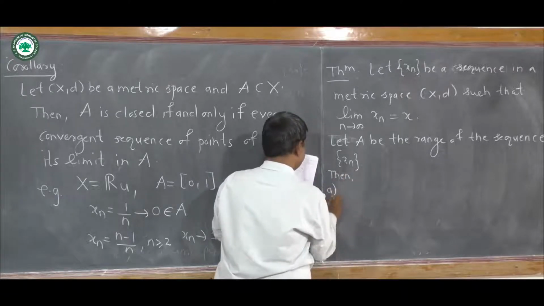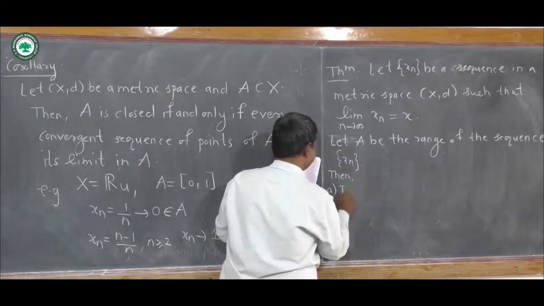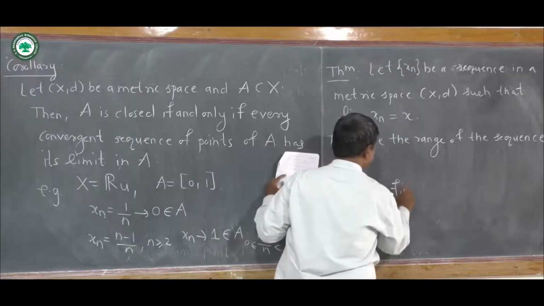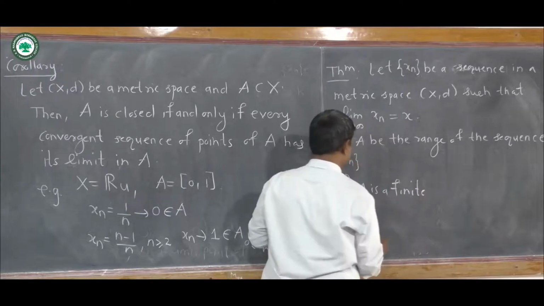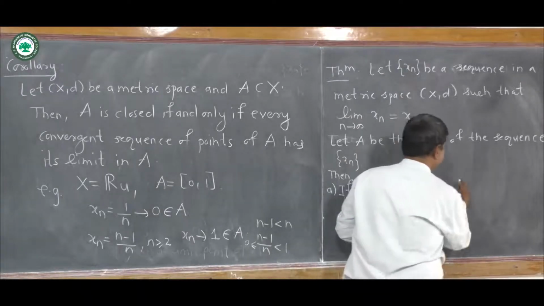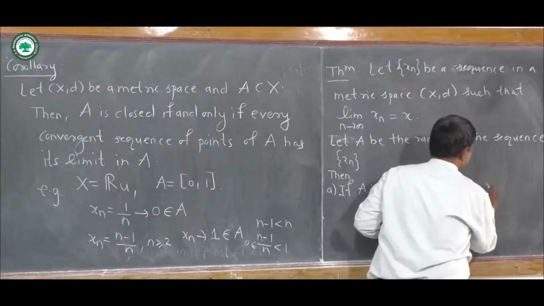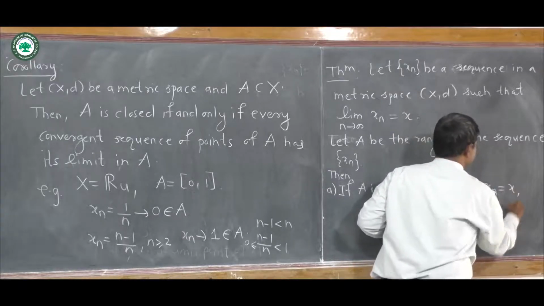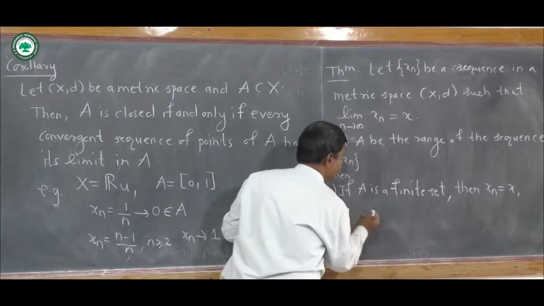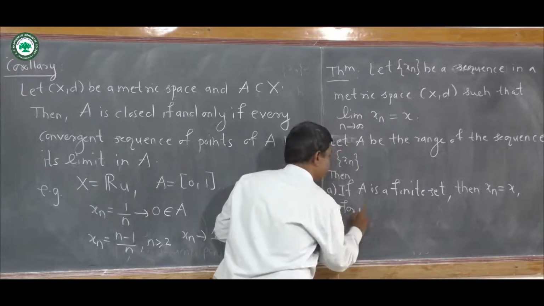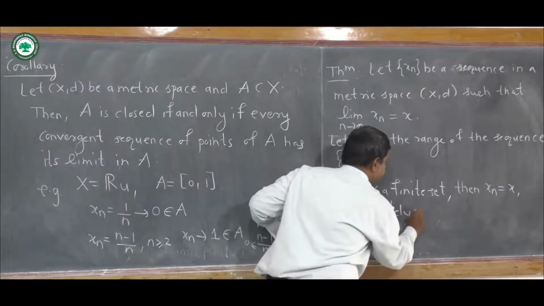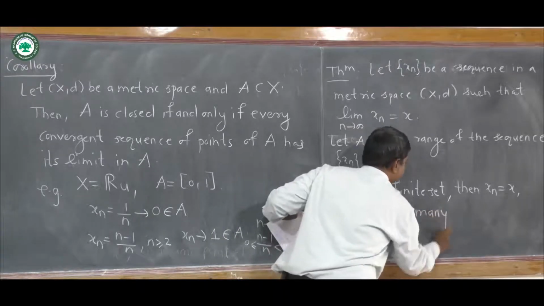Then the first statement is that if A is a finite set, then we have xn is equal to x for infinitely many n.